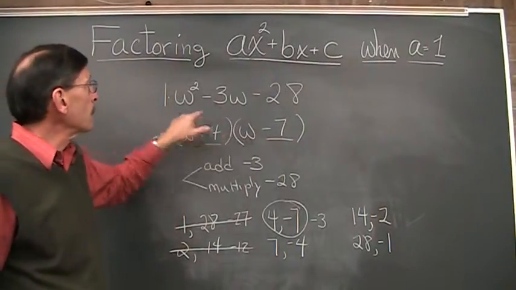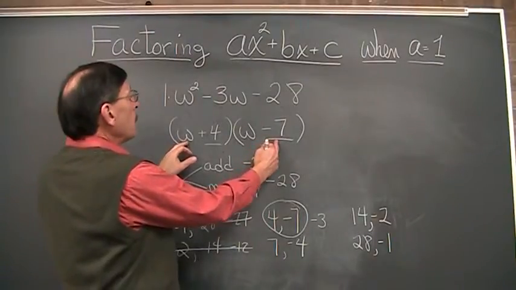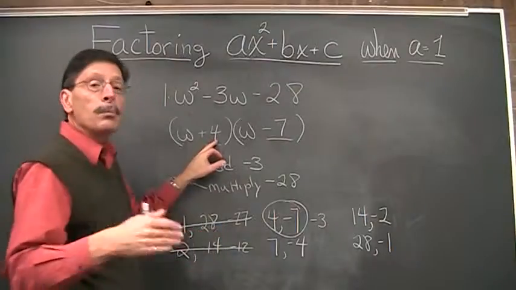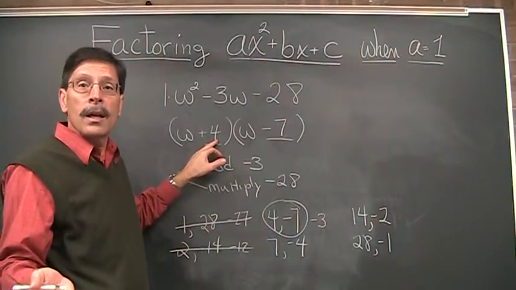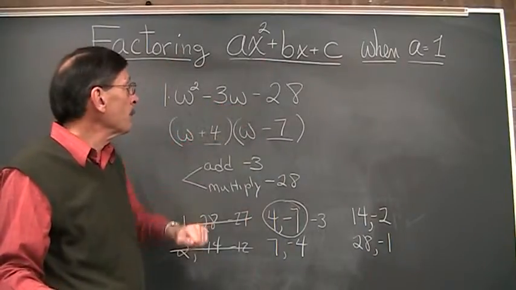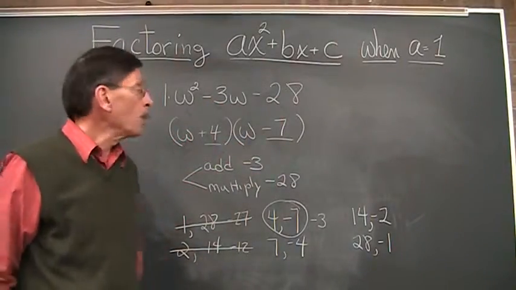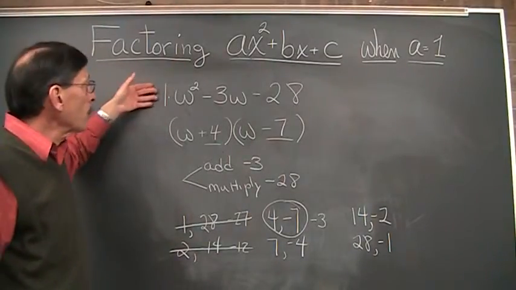W times W is W squared. -7 times W is -7W. +4 times W is +4W. -7 plus 4 is -3W. And 4 times -7 gives me -28. We're done. This is the factored answer for this quadratic.